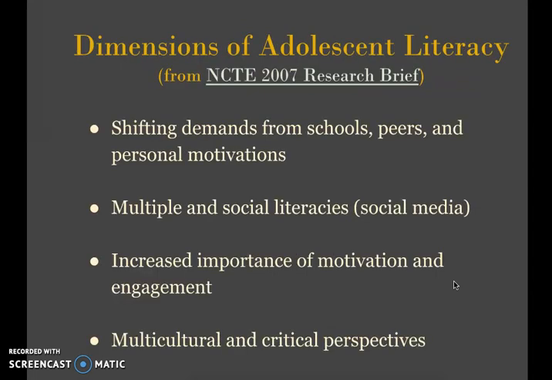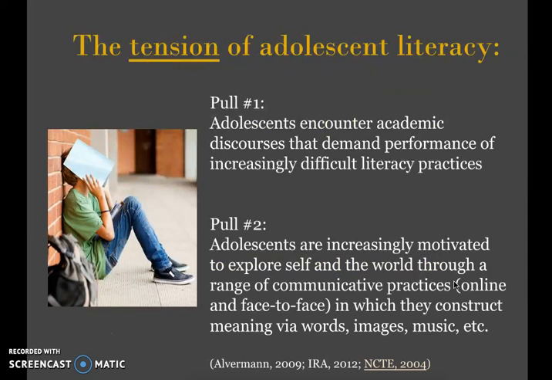So this is how NCTE, which is National Council of Teachers of English, which has taken kind of a lead on looking at this more advanced form of reading and writing that happens in the secondary years, summarizes the elements that help us understand adolescent literacy. And so to summarize those, there is a tension.